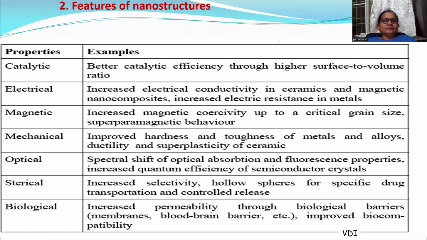And these are a few examples of nanomaterial properties. First, catalytic property. Generally we can see the properties under chemical, mechanical, and biological, but only a few electrical and mechanical properties are considered in this PPT.